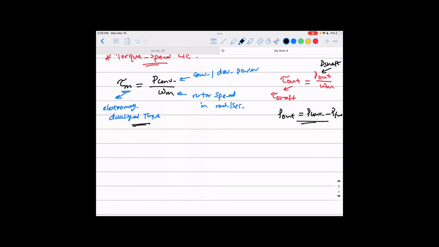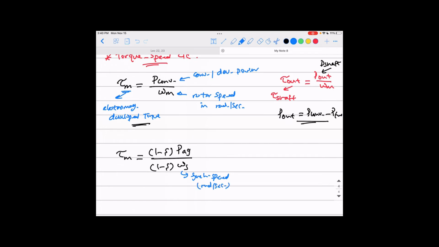Yeah. But you know, for this machine, and refer back to previous lectures if you don't remember, the converted power can be calculated as 1 minus s multiplied by the air gap power. And omega m by definition equals 1 minus s times omega s, where omega s is your synchronous speed in radians per second.